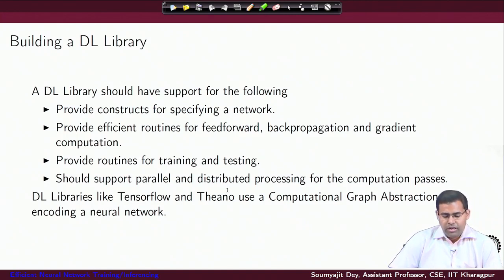Moreover, as we can understand, the library will like to exploit HPC resources. So, all the operations, these operations of feed forward, back propagation, gradient computation, have to be implemented using suitable data parallel languages like CUDA or OpenCL or something else, and it should really be configurable.